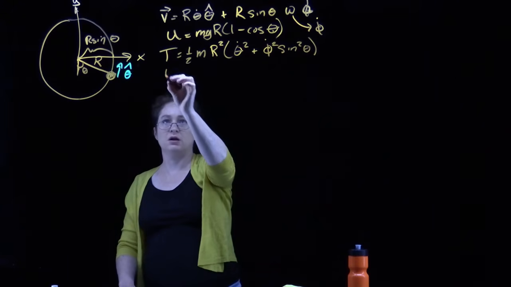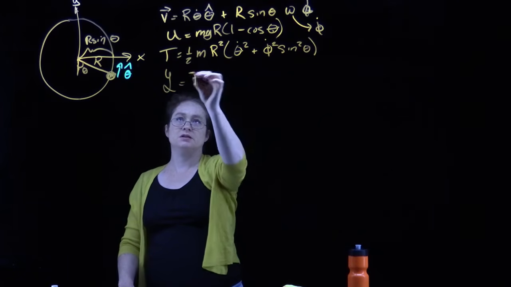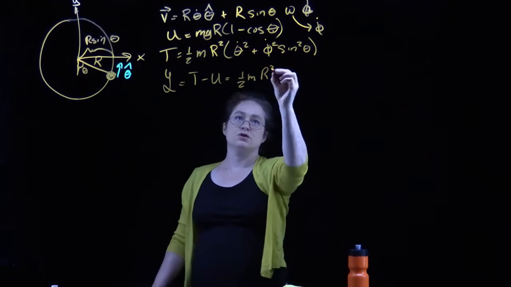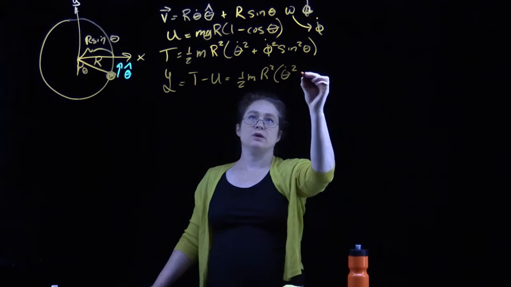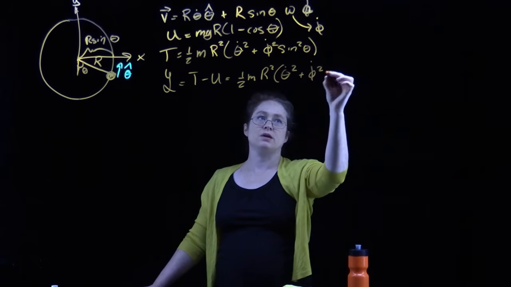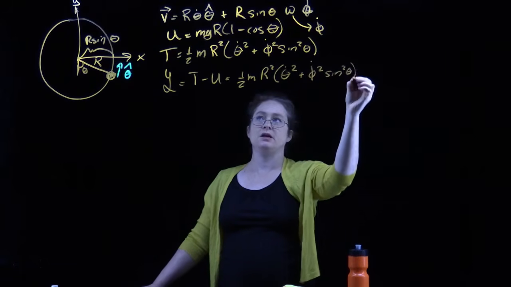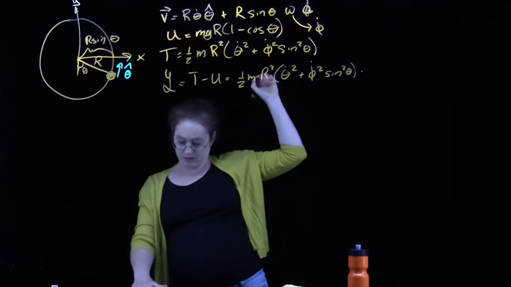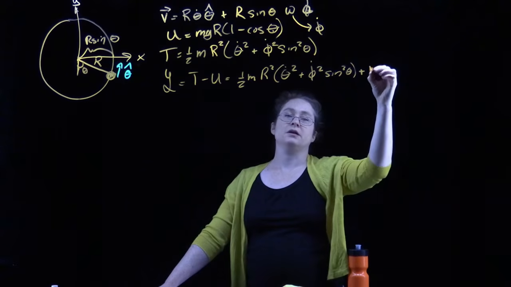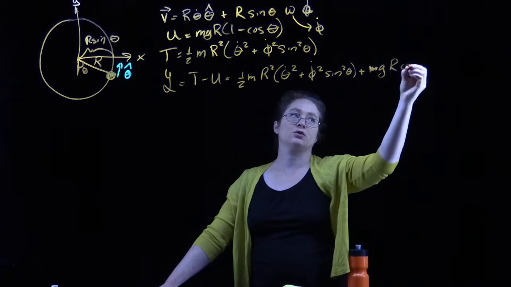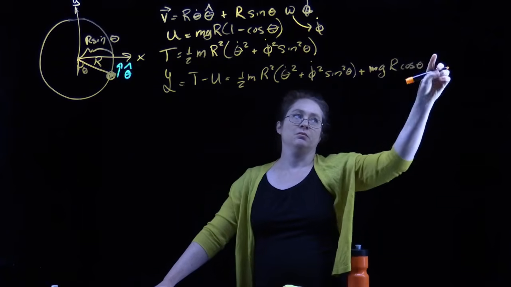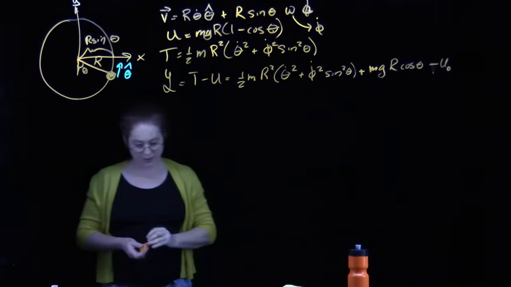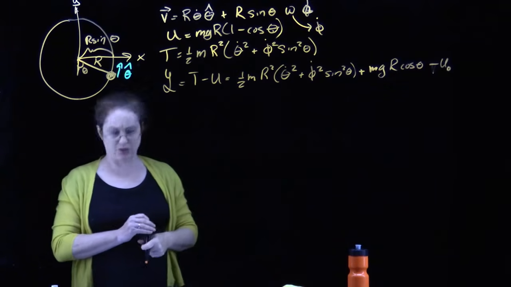And then our Lagrangian is T minus U, so this is 1/2 m r squared times theta dot squared plus phi dot squared sine squared theta, plus mgr cosine theta minus whatever, minus U naught. We're not going to worry about what it is, because when we take the derivatives, it goes away.